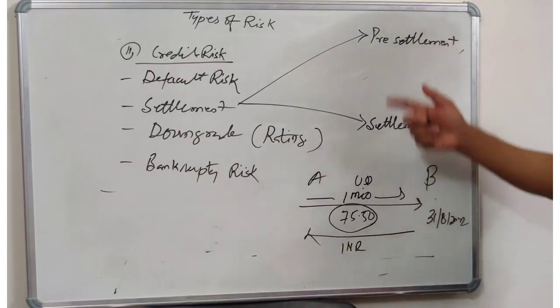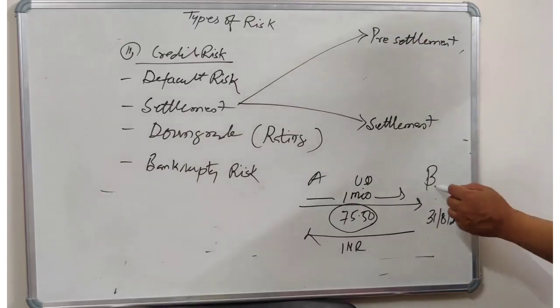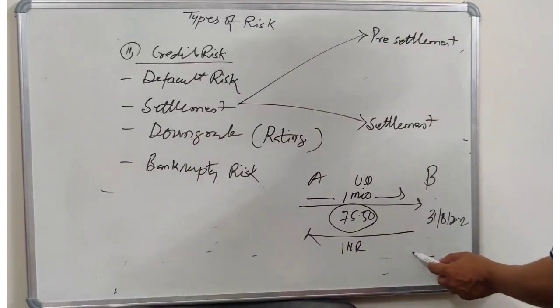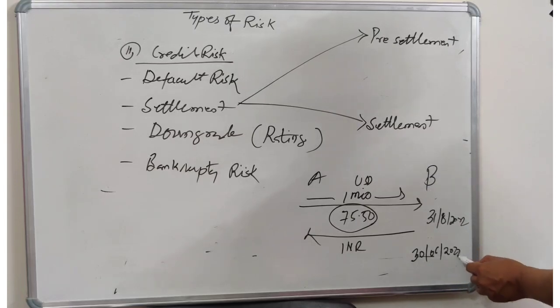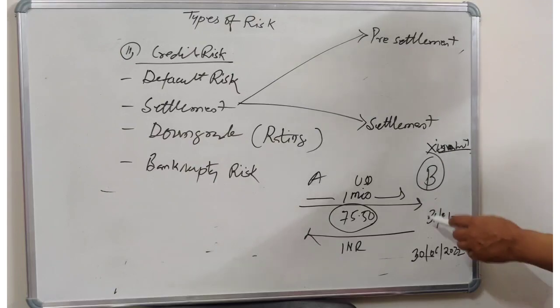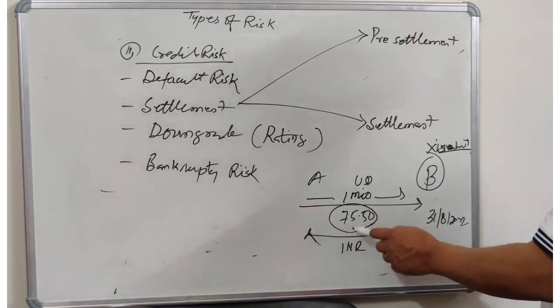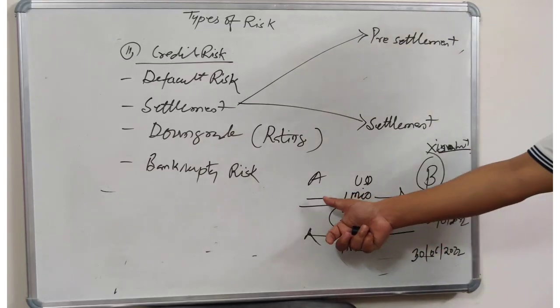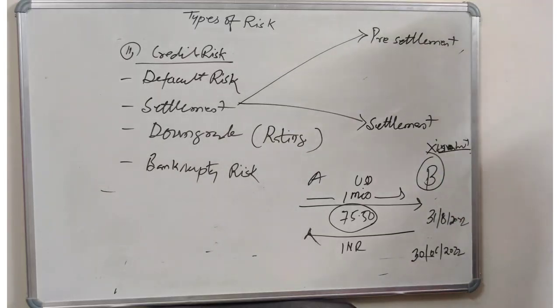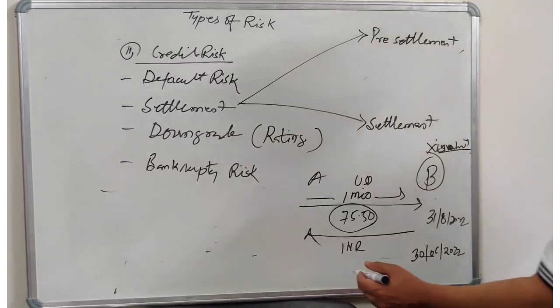So now pre-settlement risk comes into the picture when party A or party B becomes bankrupt or insolvent before this date. Like let's say on 30th June, party B becomes insolvent. It means that they cannot pay INR to party A. But party A also has not paid anything to party B. The only thing is, let's say the exchange rate has gone to 74.